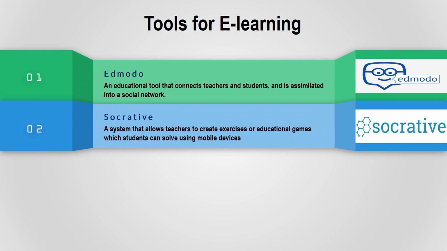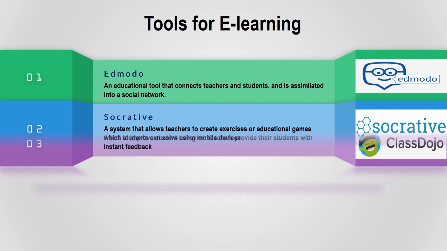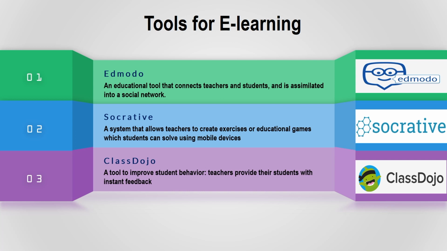Then there is Socrative, a system that allows teachers to create exercises and educational games which the students can solve using mobile devices. Then Class Dojo, a tool to improve student behavior. Teachers provide their students with instant feedback.